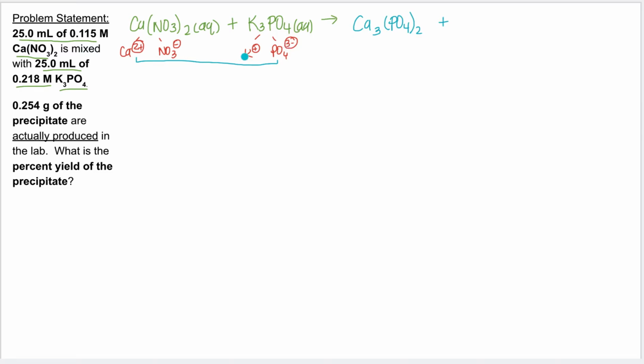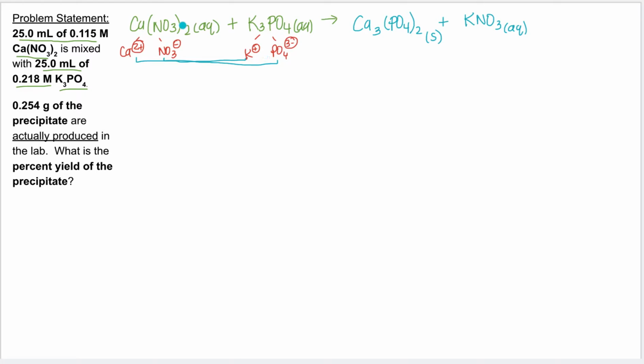And our second product will involve this potassium pairing up with this nitrate. It's a +1 and a -1 charge, so we just need 1 of each ion to form KNO3. You'll look at your solubility table. You'll see that calcium phosphate is going to form an insoluble solid. That's going to be our precipitate. And then potassium nitrate will form an aqueous solution.